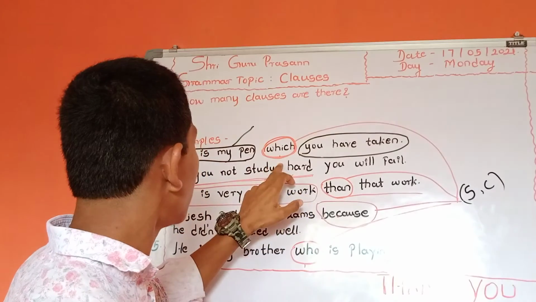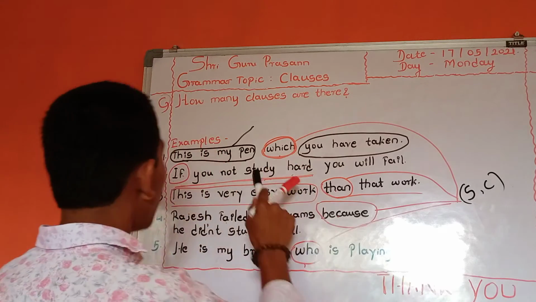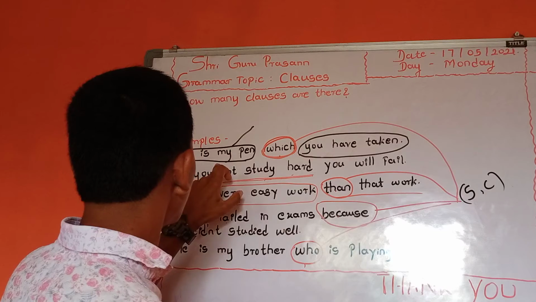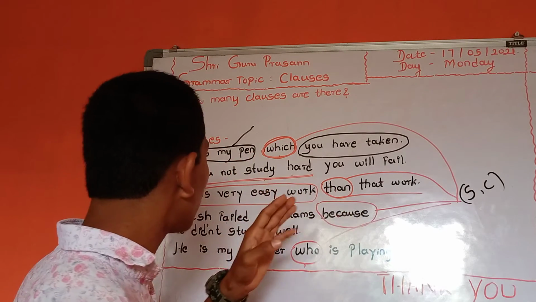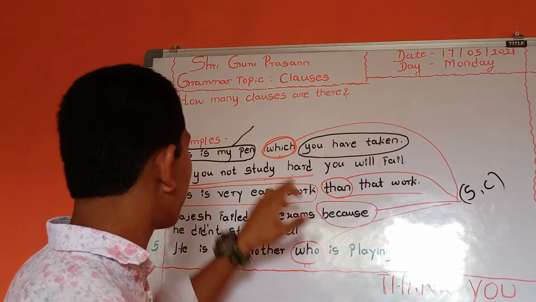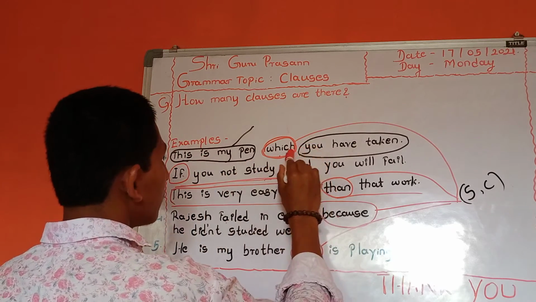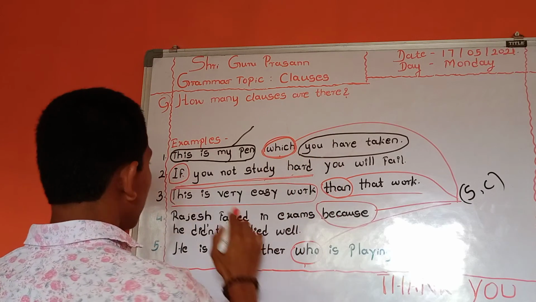That is the major hint to identify the dependent clause. And the independent clause is itself a meaningful sentence. It does not require any additional sentence to be meaningful. That is why it is independent. The dependent clause always starts with a subordinating conjunction. That is the major hint.